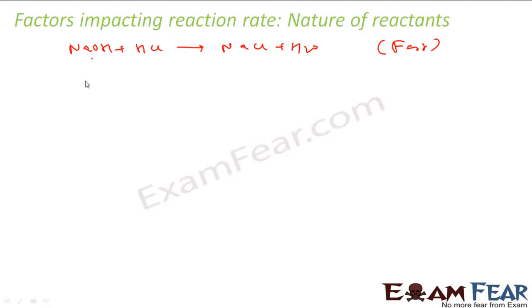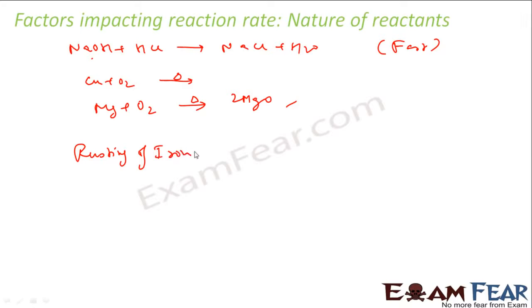If you talk about copper and oxygen, you heat this, you get a very slow reaction. But if you take Mg, magnesium, you heat this a little bit, you get 2 MgO. It's a very fast reaction. Right? If you talk about the rusting of iron, it's again a slow reaction. This is fast, this is again slow.